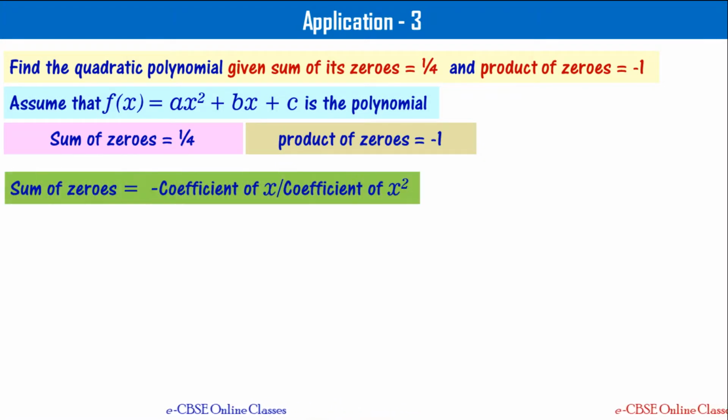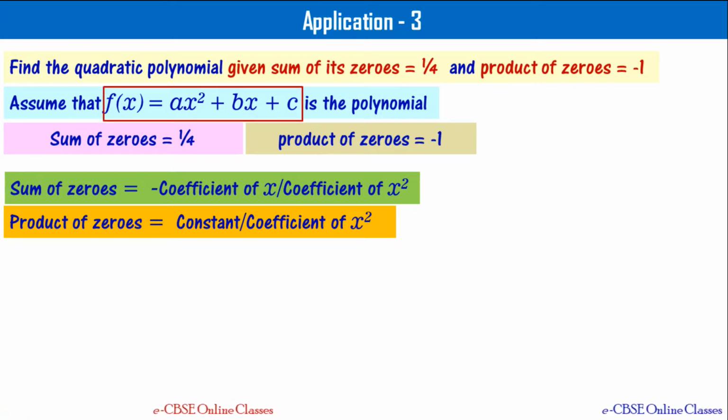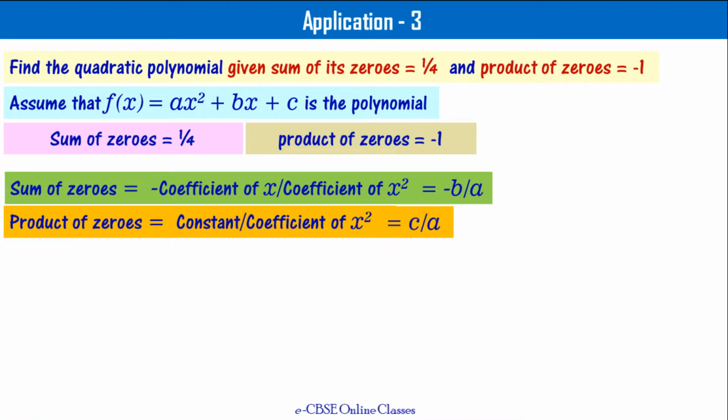And we learned that the sum of zeros can be written as the negative of the coefficient of x divided by the coefficient of x², and the product of zeros can be written as the constant divided by the coefficient of x², right? So for f(x) = ax² + bx + c, the sum of zeros can be written as -b/a and the product of zeros can be written as c/a.